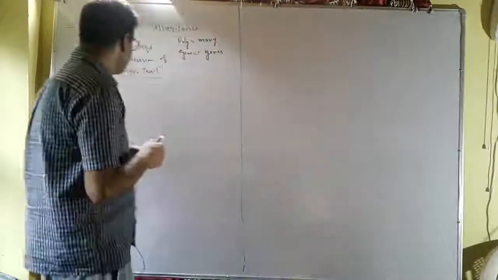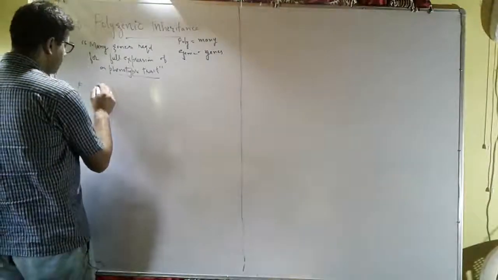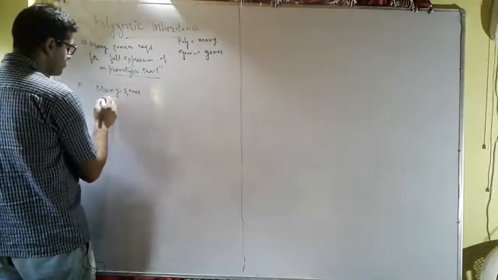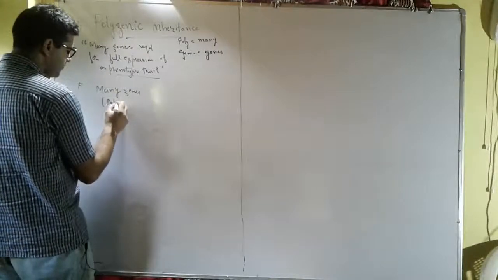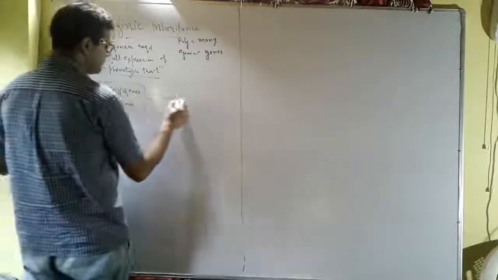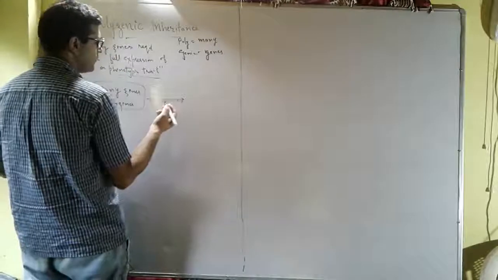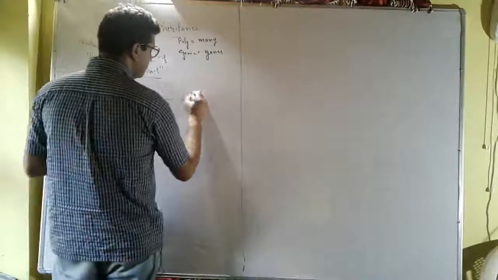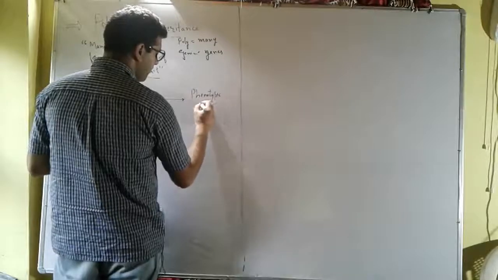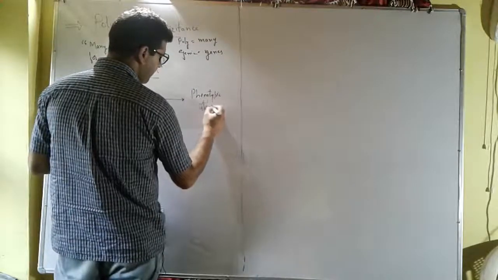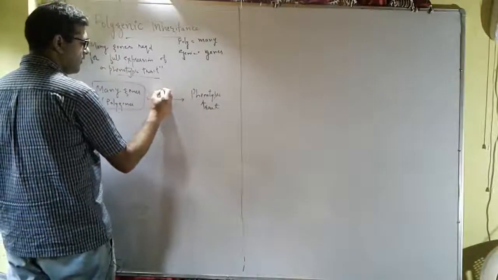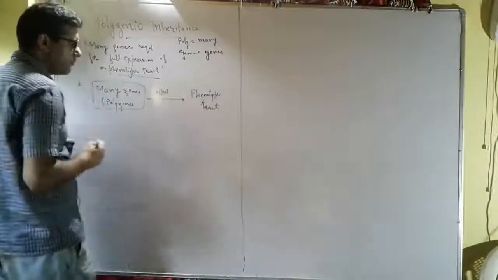So we can say that we have many genes that constitute polygenes, and they influence a phenotypic trait. They affect, influence, control the phenotypic trait.